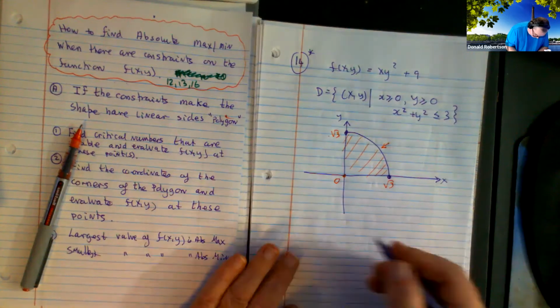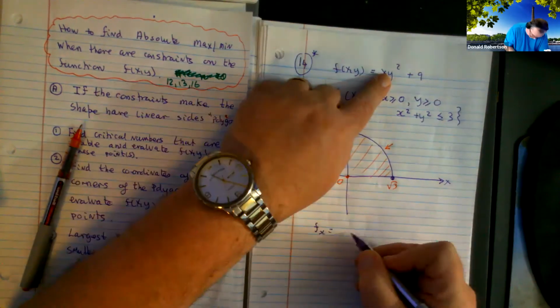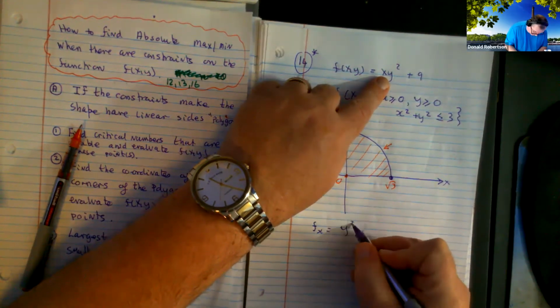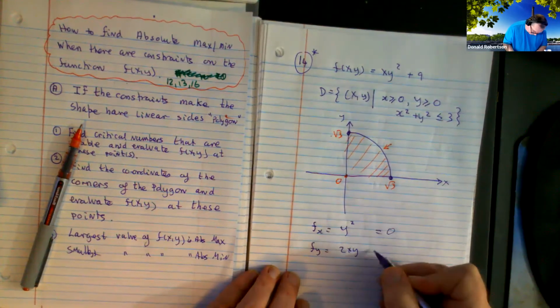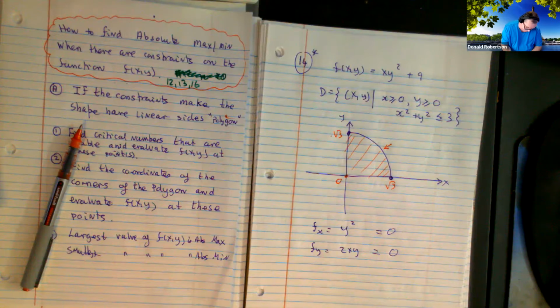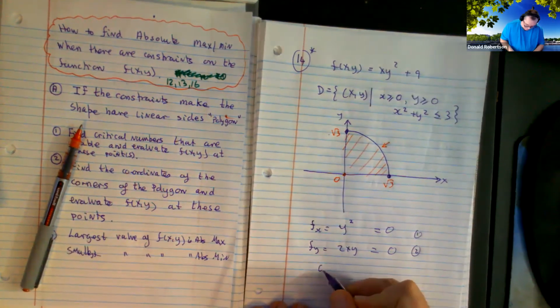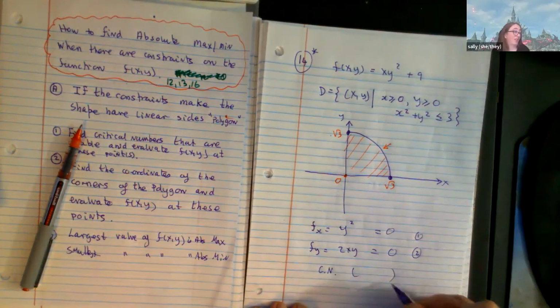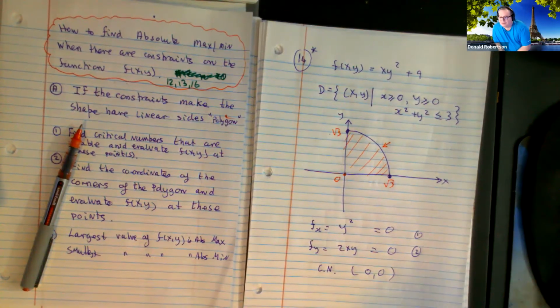So let's do that. If you differentiate this with respect to x, you get y squared. Not very interesting. If you do it with y, you get 2xy. Oh, come on, they could have made life hard. I know the answer to that without even doing any algebra at all. Isn't there only one combination that's going to work for those 2 equations? What's the critical number? Critical coordinate. Is the critical number the origin 0, 0? Would you agree that's the only way to work?